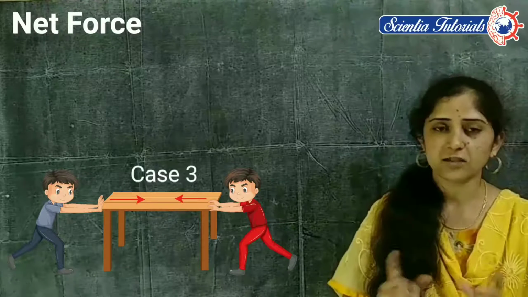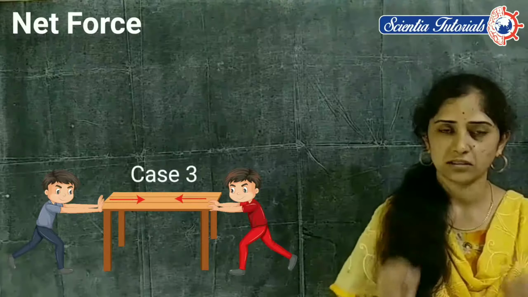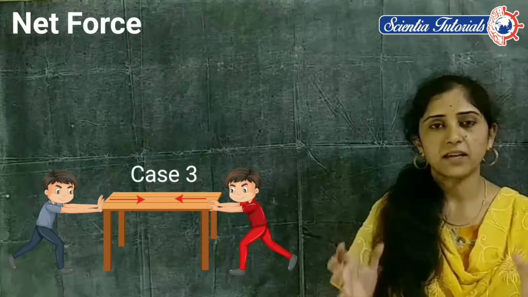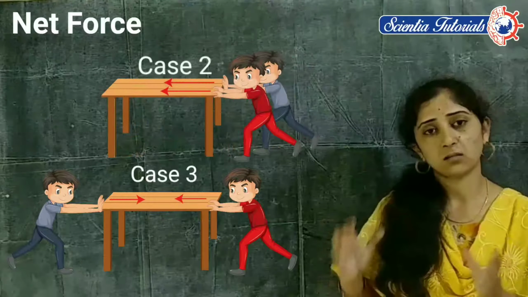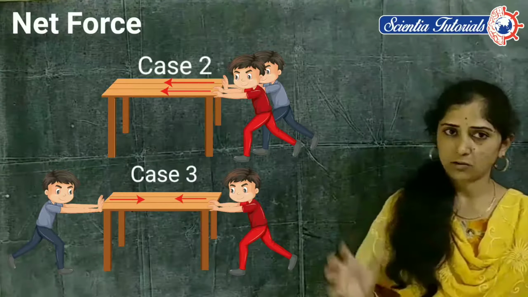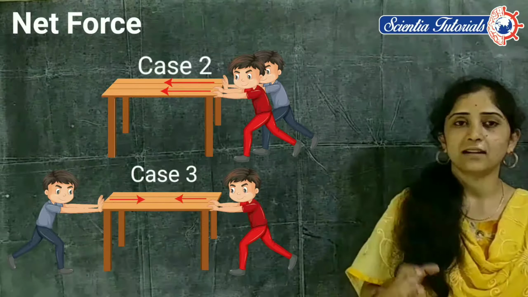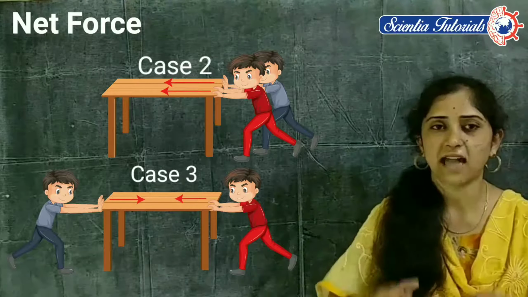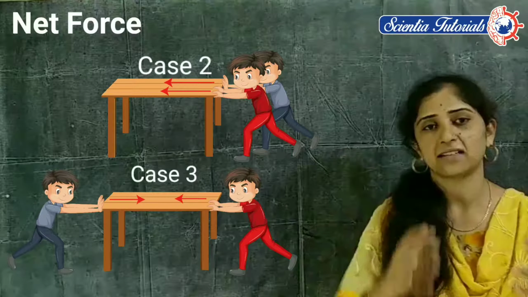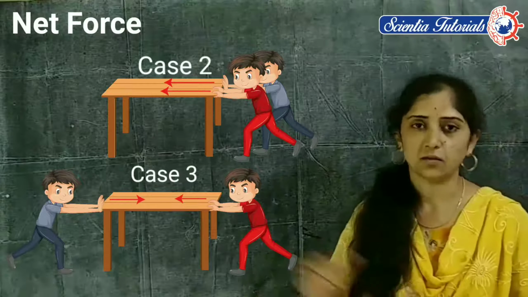For this situation, we have to speak about net force. When two or more forces are applied on one object, we have to discuss net force. We have to tell how much net force acts on that particular object when two or more forces act on it. So here we are going to discuss net force.